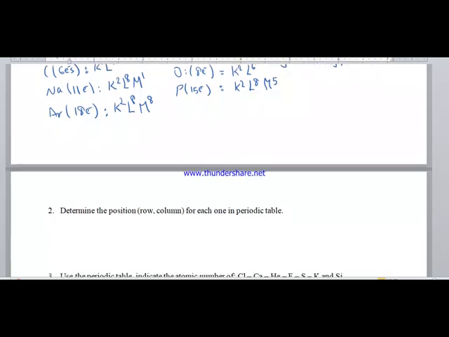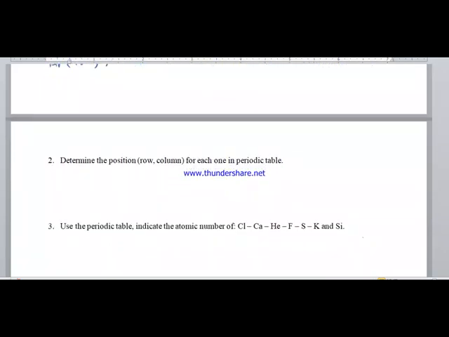Determine the position of each element in the periodic table. Position means row and column. To determine them, we must write the definition of each one. What is the meaning of row and the meaning of column?